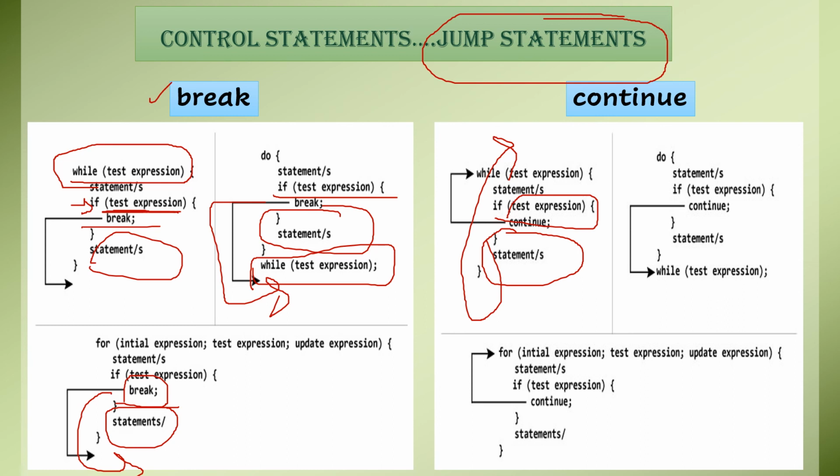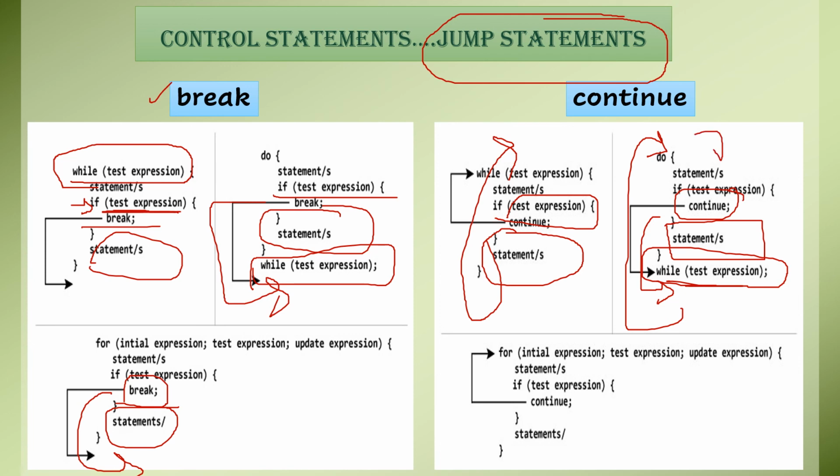Same in do, continue, that means these statements would not get executed and it will come to the while loop part, where the condition is checked, then again the do while loop will be executed. And in case of the for loop, same, continue, that means these statements will not get executed and it will rather go to the next test expression to be checked.